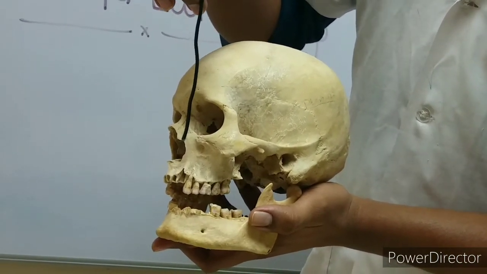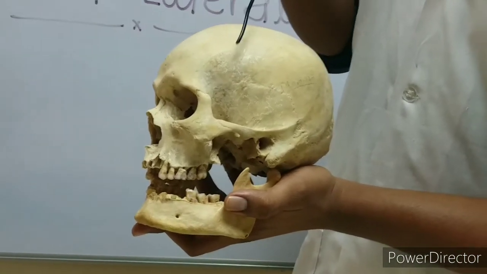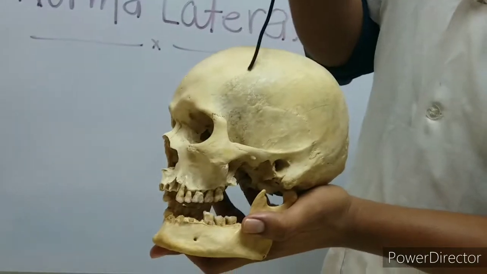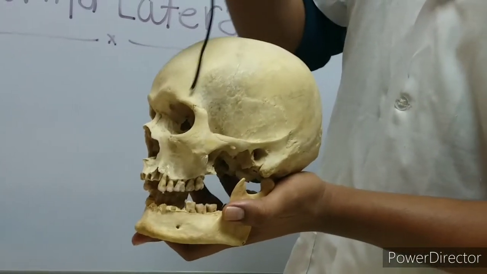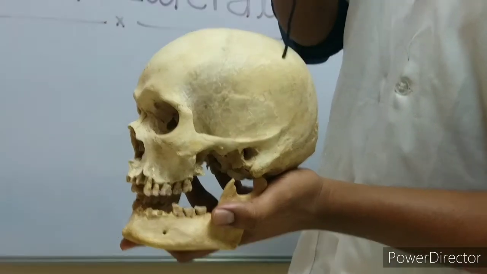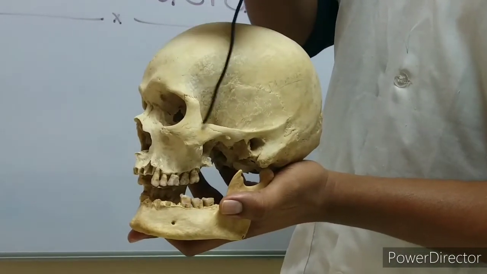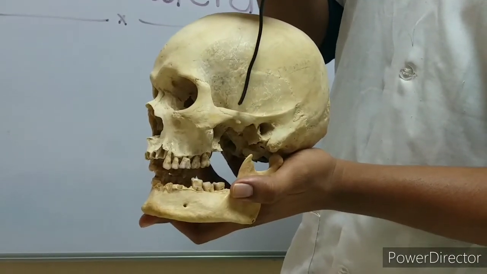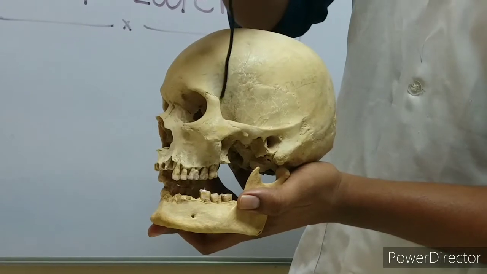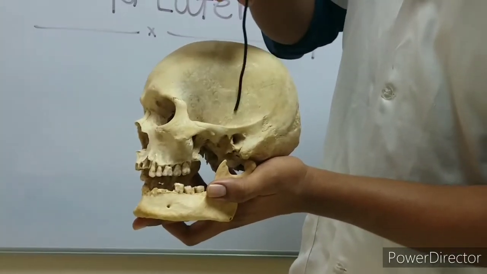So today we will see about the temporal lines, as we have discussed during the norma verticalis. Second, we will see about the zygomatic arch. Then we will see about the temporal fossa.